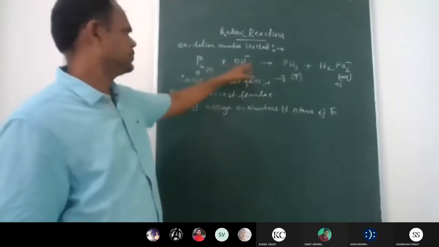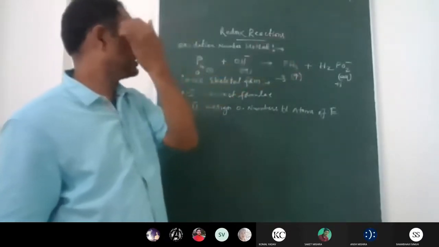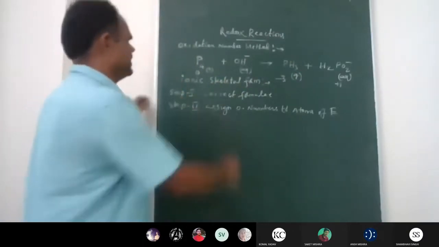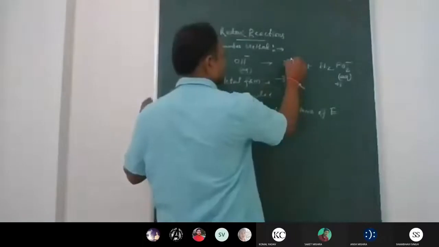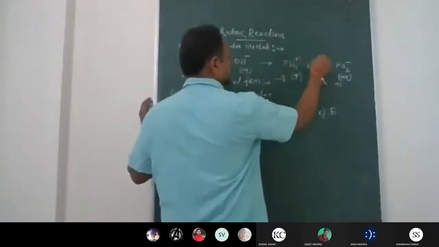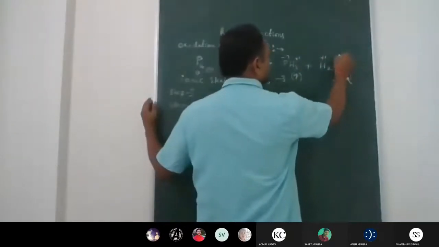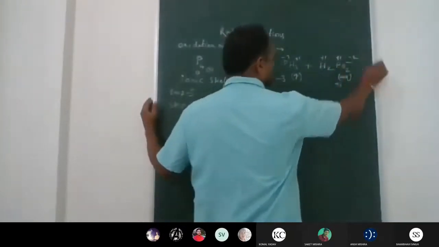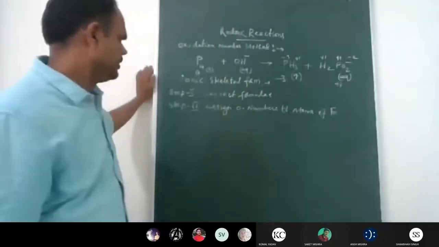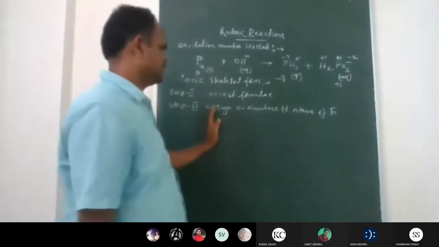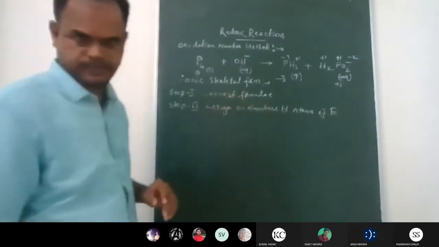Oxygen is -2 and remains the same, hydrogen is +1. So step 2, assigning oxidation numbers, is done.